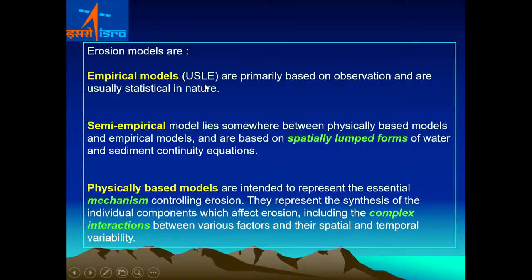Annual, not daily, not weekly. Another group is the semi-empirical models, which are in between empirical and physical based, where some of the processes are described in more detail. So the beginning was this, and today we are at this position, and in between, various models have been developed over the years.